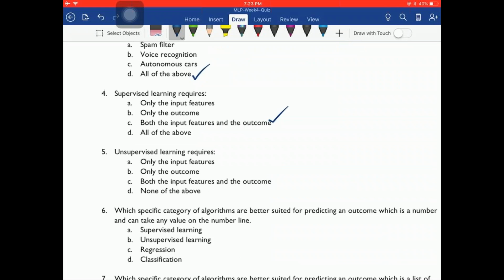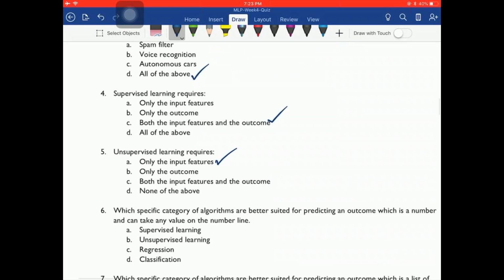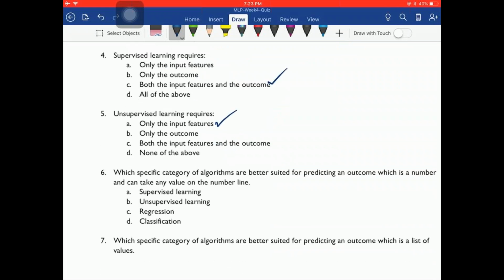Only the input features, A. Excellent. Which specific category of algorithms are better suited for predicting an outcome which is a number and can take any value on the number line? Regression. Excellent.